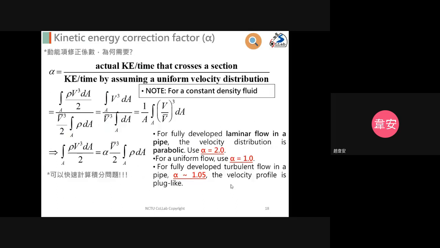So we define the alpha value as equal to the ratio between the original integration, divided by the integration if we assume the velocity is a uniform flow distribution. Because the velocity is uniform, we can simply take the velocity as a constant value and take it outside the integration.